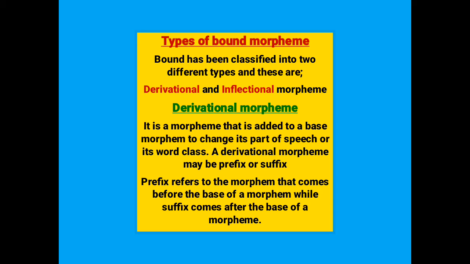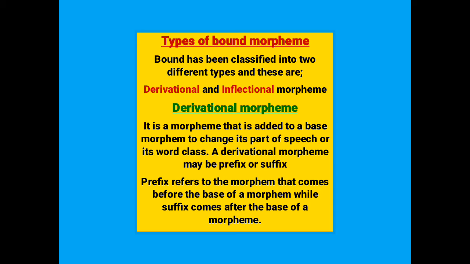A derivational morpheme may be a prefix or suffix. So all we mean about a derivational morpheme is that when another morpheme is added to a base, it will change its part of speech or its word class.